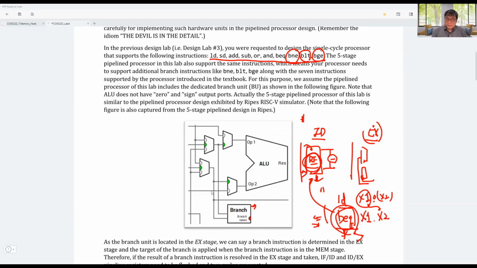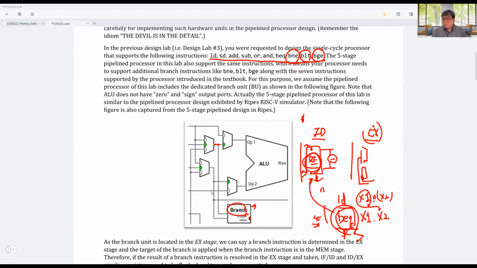So instead of using the ALU, I slightly modified the structure of the execution unit. The branch is handled by a dedicated branch unit. This is the branch unit, and it receives the output of the forwarding boxes. As you can see, the output of the forwarding boxes is connected to the input of the ALU, and also the branch unit receives the output of the forwarding boxes.